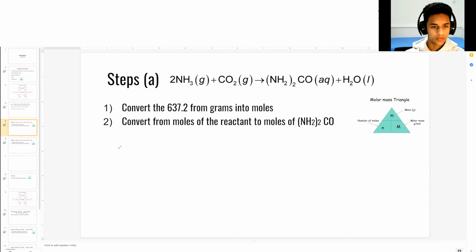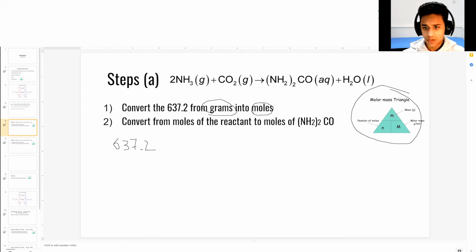We have 637.2. For converting it into moles, we should look at our lovely triangle, which has all the conversions we will need between mass, moles, and molar mass. We need to convert from grams into moles, so we take the mass over the molar mass of the compound to get the moles.